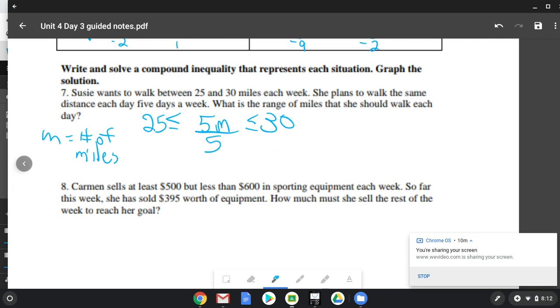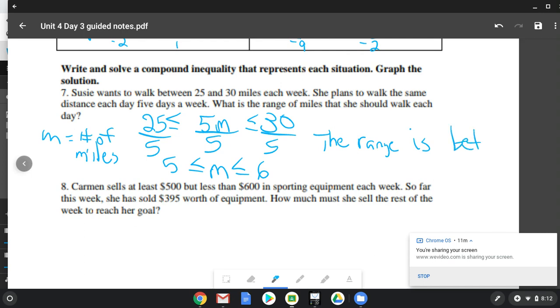So we divide by 5, divide by 5, divide by 5, and we get between, it looks like, 5 and 6 miles. So the range, since it's given to you in words, you should write the answer in words, is between 5 and 6 miles a day.